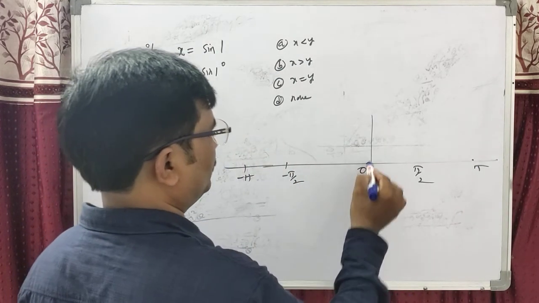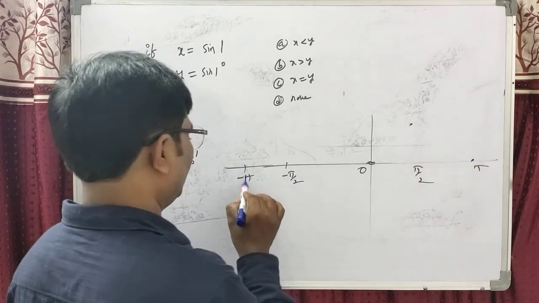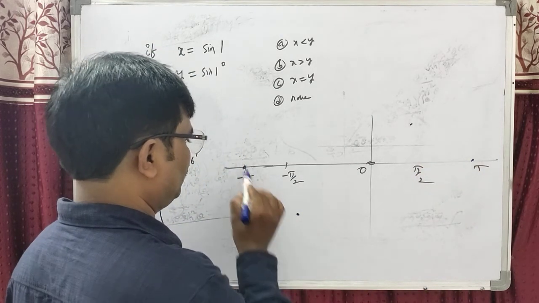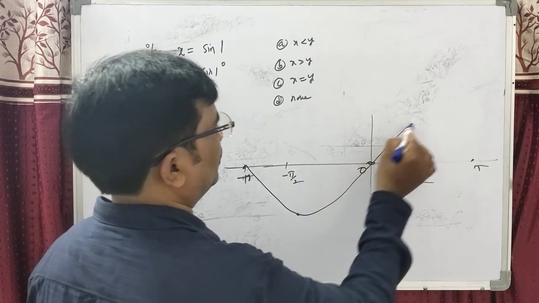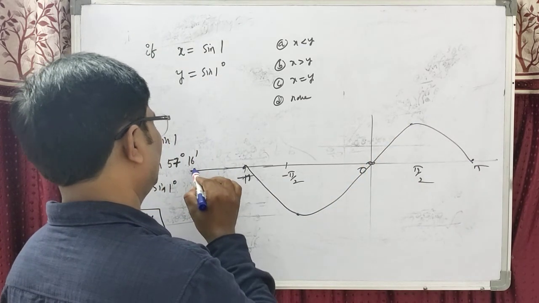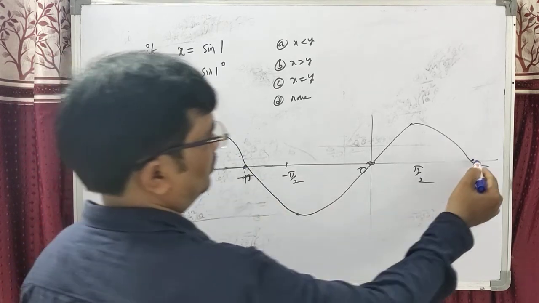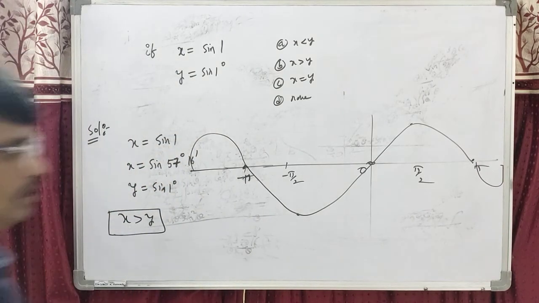So sin 0 is 0, sin 90 is 1, sin pi is 0, sin minus pi is also 0, sin minus 90 is minus 1, like this, students. Okay students, like this. This is the graph of sin x.